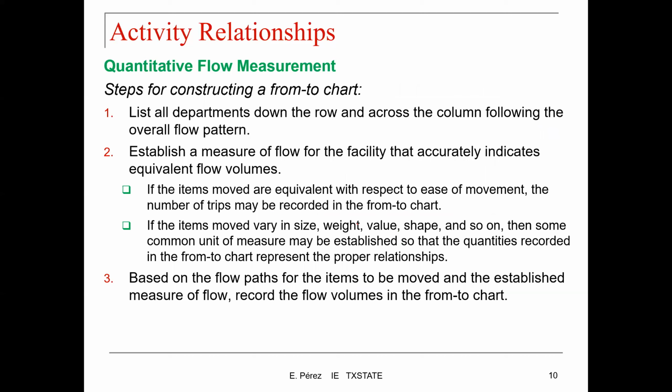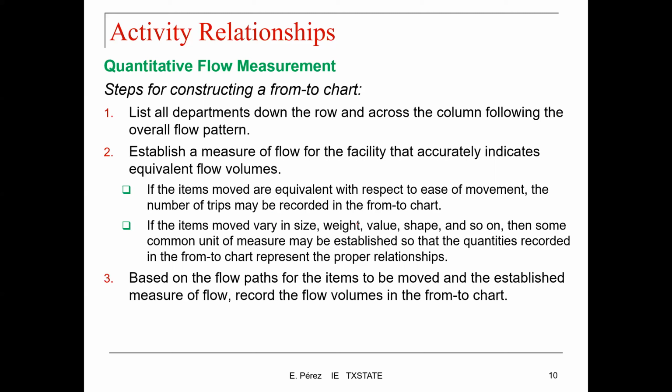So what are the steps for constructing a from-to chart? The first step is to list all departments down the row and across the column following the overall flow pattern. Then the second step is to establish a measure of flow for the facility that accurately indicates equivalent flow volumes.